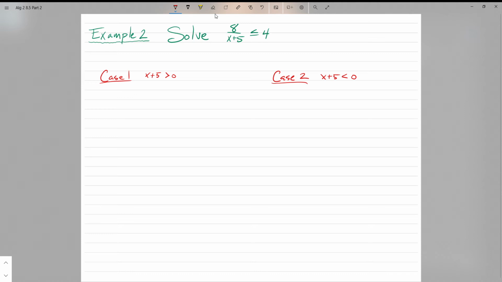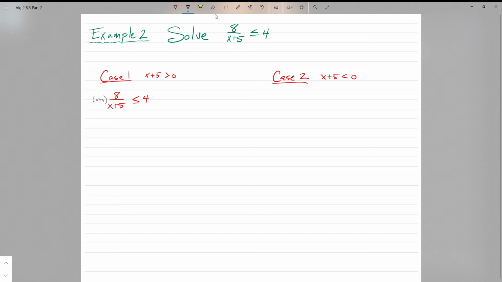So we're going to go through and solve this with the idea that the denominator is going to be positive. And honestly, that is going to be exactly what I had up there before.